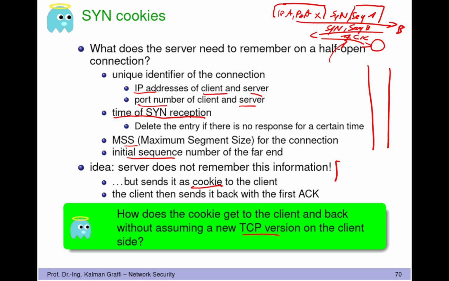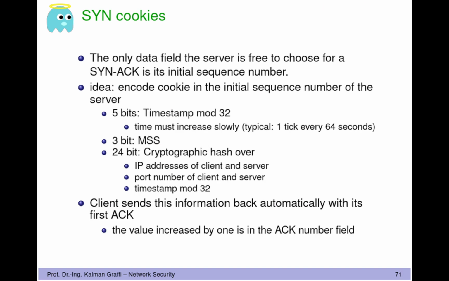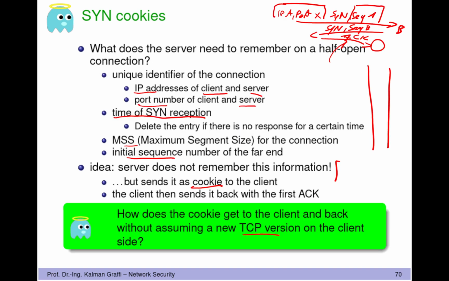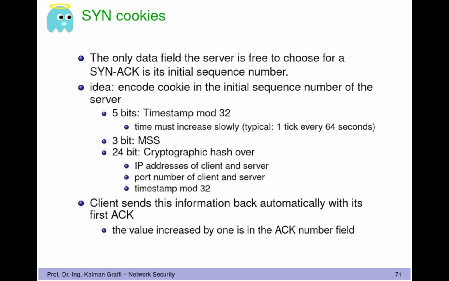And you cannot create new messages. So the trick, also on this slide, is that you send in this second message the SYN and sequence number B. This is what you sent, so it must be contained in this message. And you are not allowed to add any more information. So how can you do it?